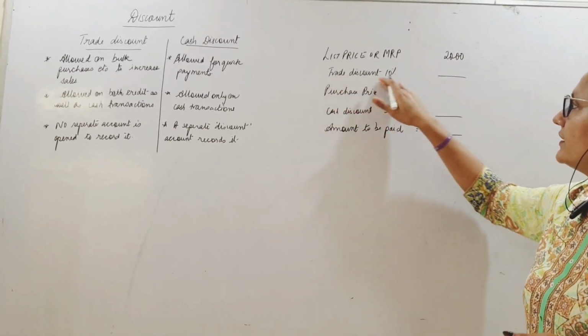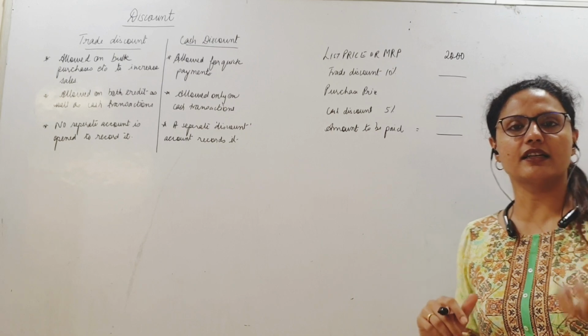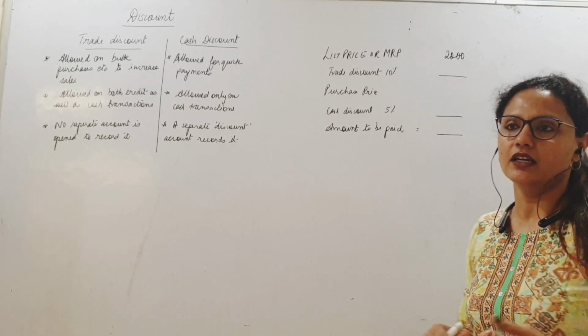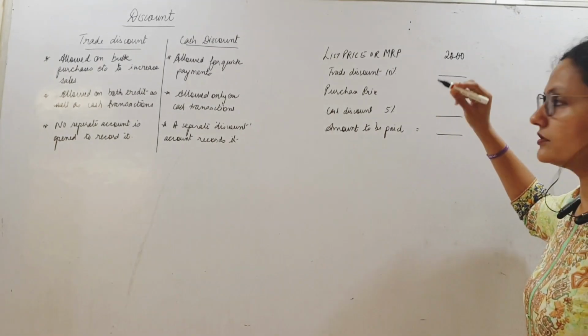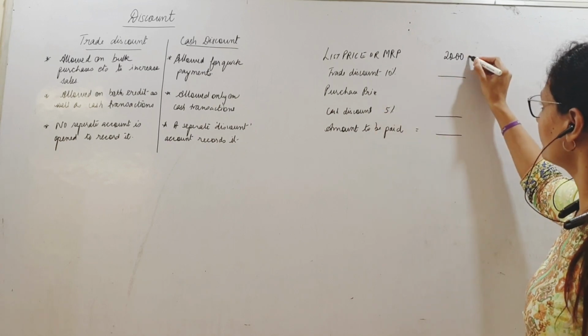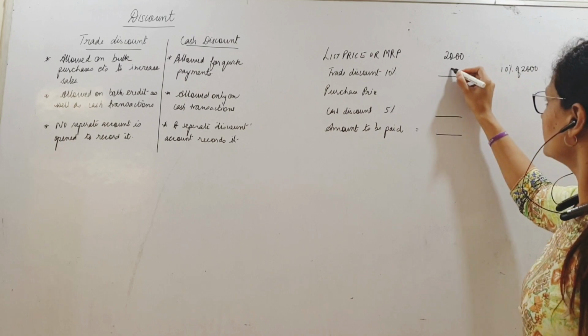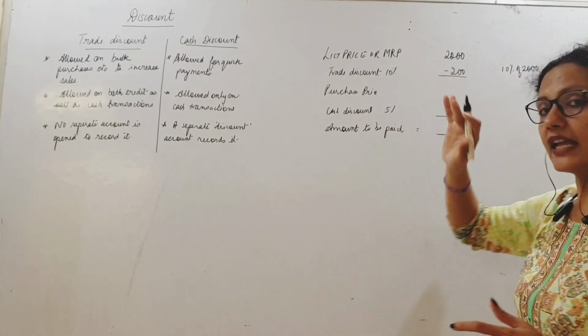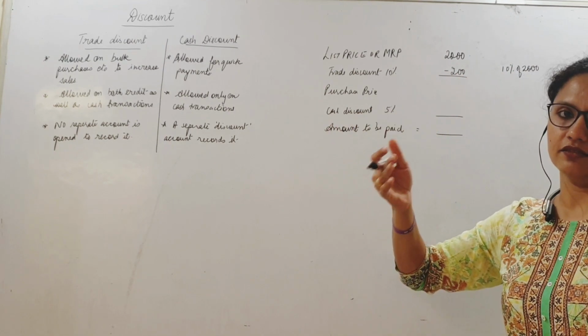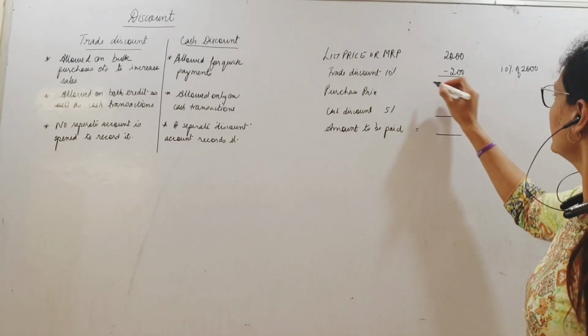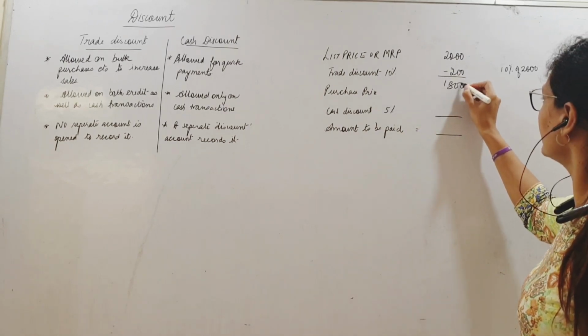He can leave a part of some profit and give you a discount. Suppose he is allowing you a trade discount of 10%. ज़्यादा खरीदो तो 10% का discount. कितना discount हो जाएगा 2000 की goods पे? 10% of 2000. 200 rupees. This you will not have to pay because we are getting a discount. तो कितना देना पड़ेगा? 1800.